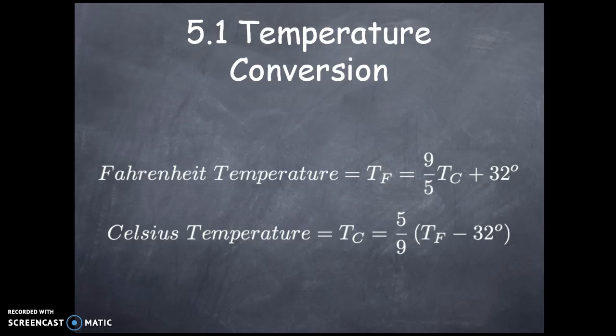Since Tf minus 32 is in the bracket, you calculate this number first, and then whatever number you get, you multiply by 5 over 9. In the first case, you multiply Tc by 9 over 5, and whatever number you get, you add to 32. So let's do an example based on the conversions.